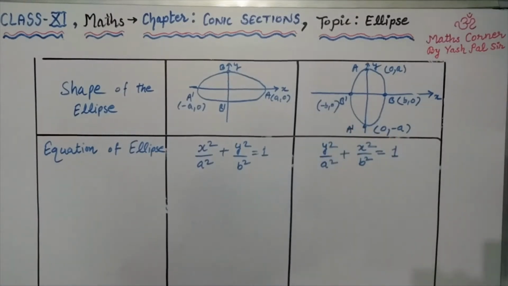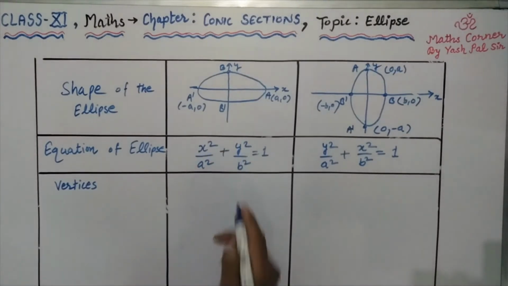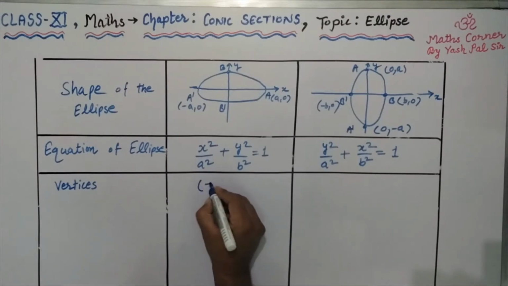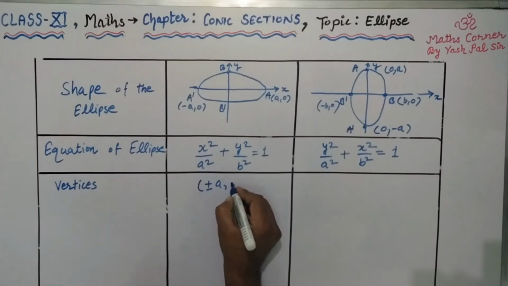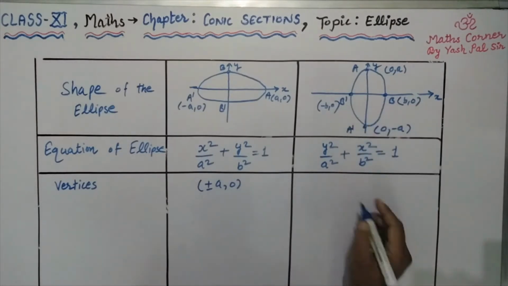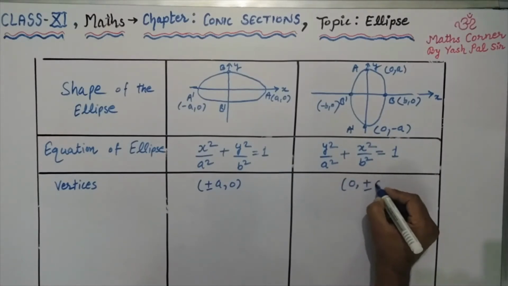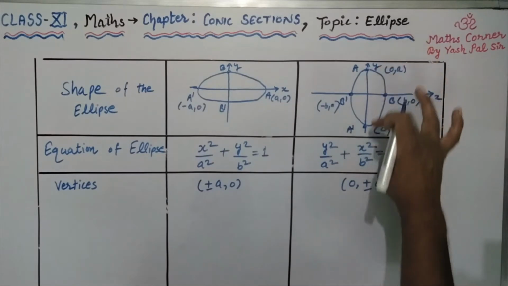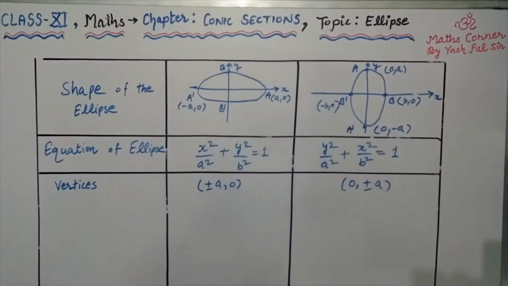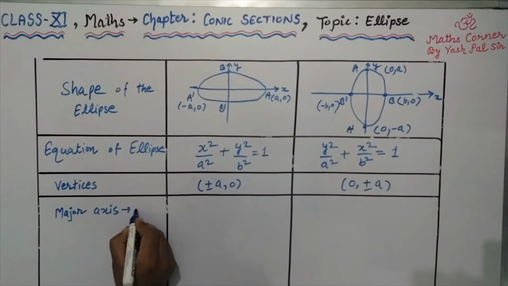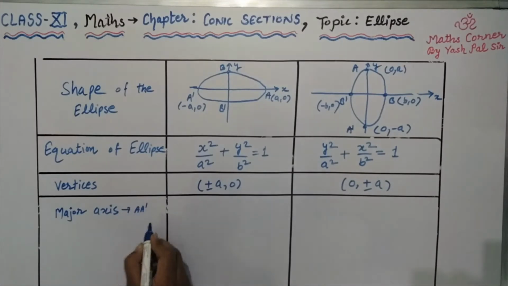Next one is vertices. In this case, the vertices are plus minus A comma 0. In the second type, the vertices are 0 comma plus minus A. Only these 2 points are called vertices. Major axis: A to A dash.